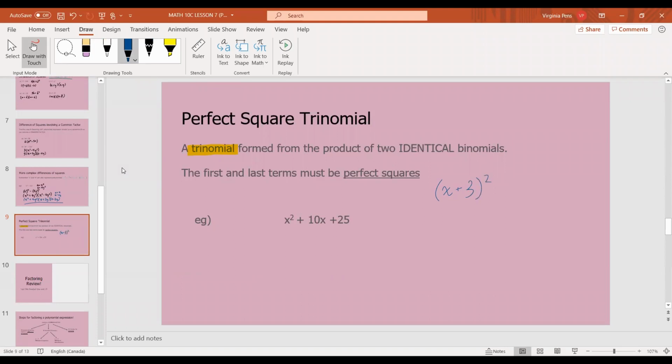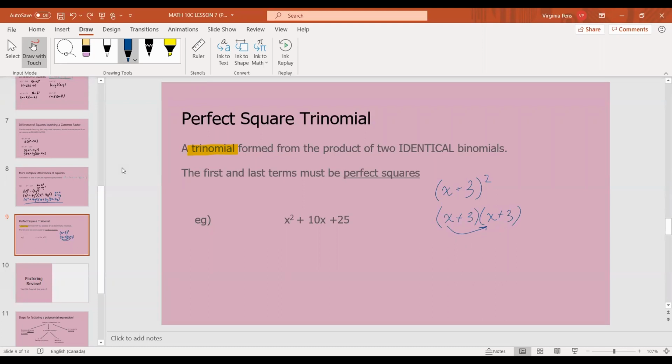What x plus 3 squared looks like when we expand it, let's first draw this out, because x plus 3 is multiplying itself. Now we expand, or we use the FOIL method.